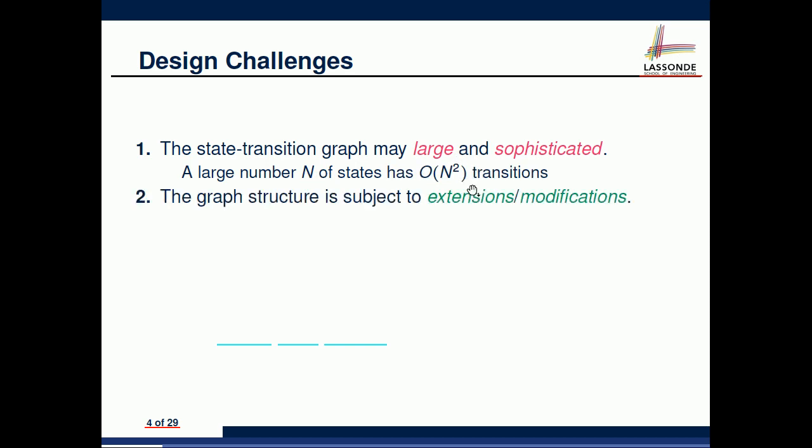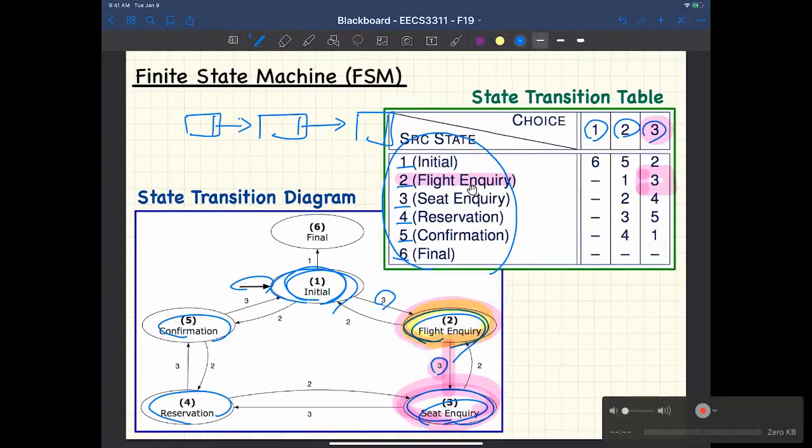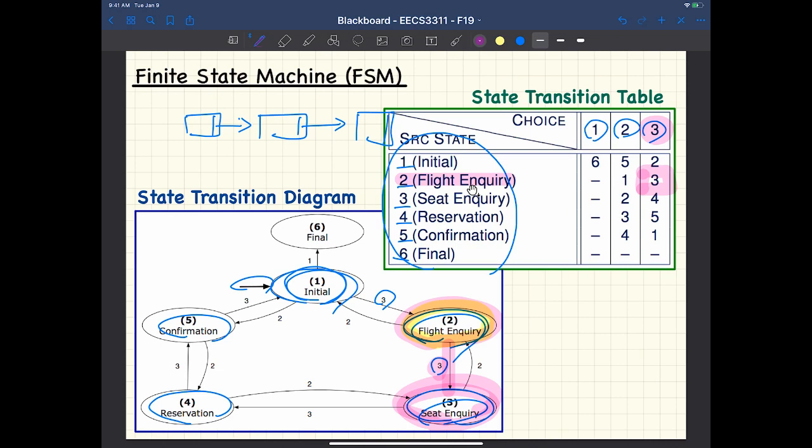Also, every time you want to think about design, think about extension or maintenance. What if I want to extend my state space, or I want to shrink down the state space? For example, let's say somehow for efficiency, I don't want to have these two separate states. I want to collapse them into a single state.